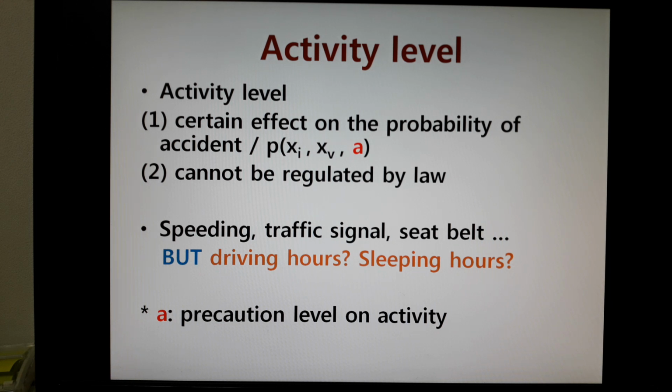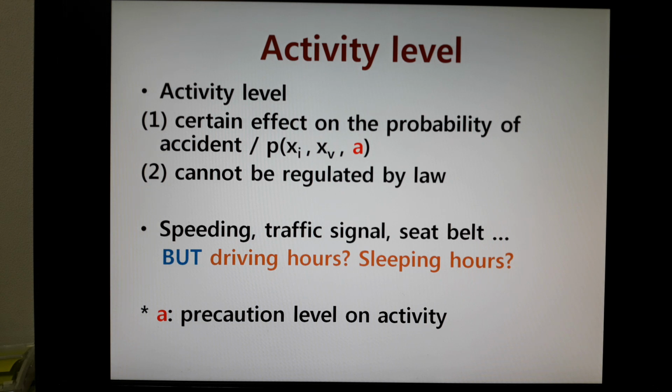The simple intuition is that under strict liability, every liability or responsibility is on the injurer. So the victim would be totally careless, and knowing that, the injurer would be overly careful. So it never would be an efficient one.